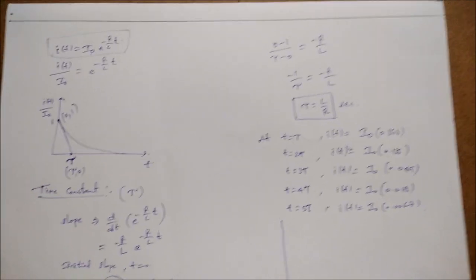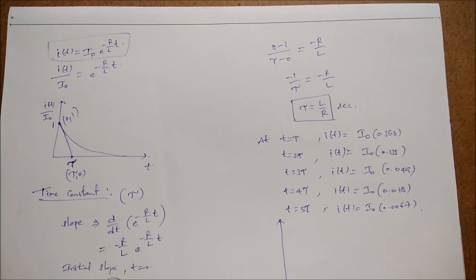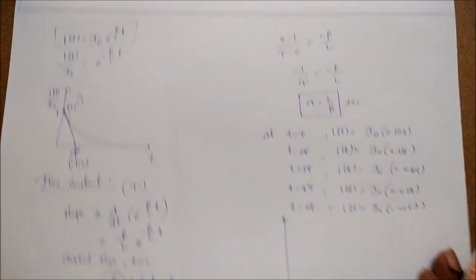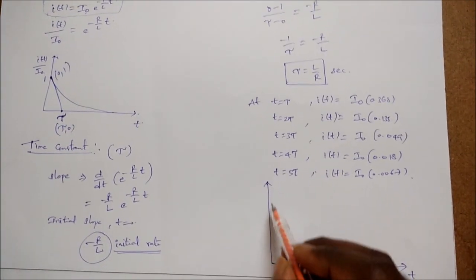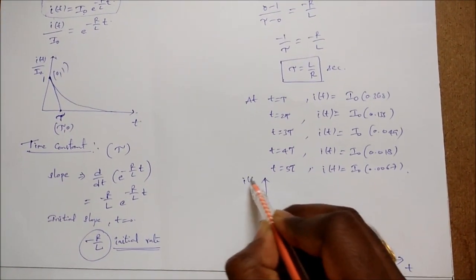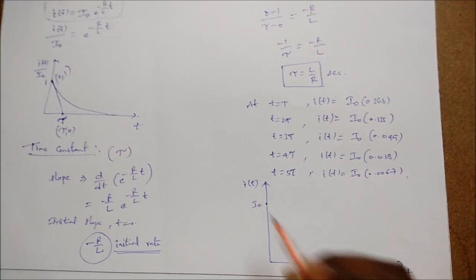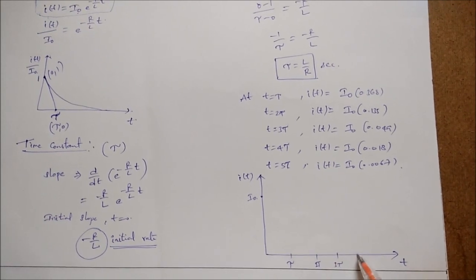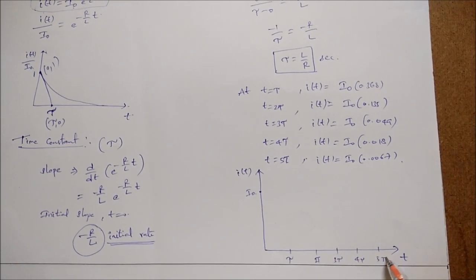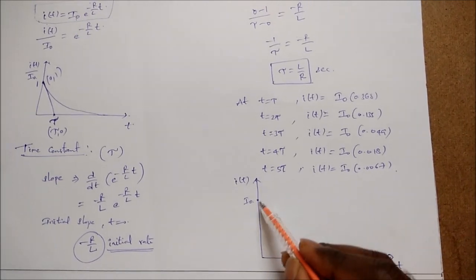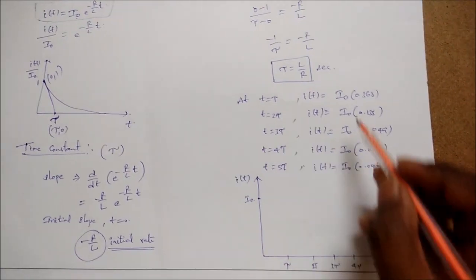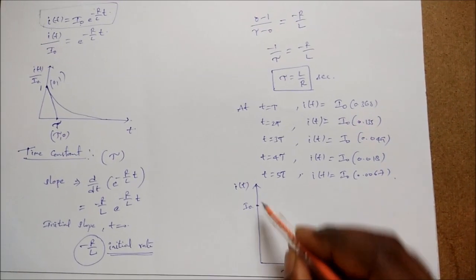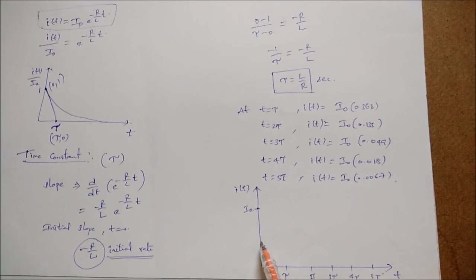That means if you observe, this is t, and this is I of t. Initially this is I naught. This is 1 time constant, 2T, this is 3 time constants, this is 4 time constants, and this is 5 time constants.